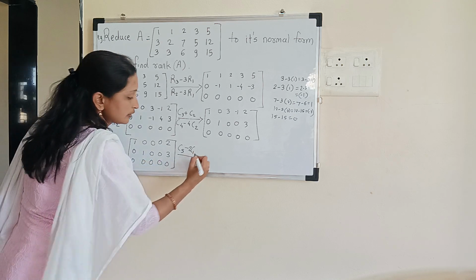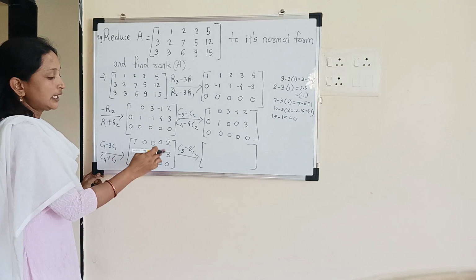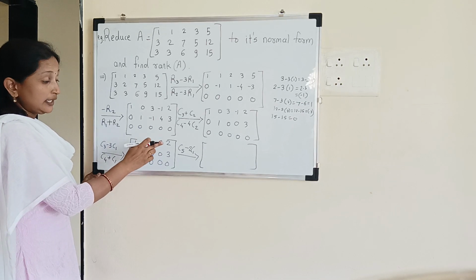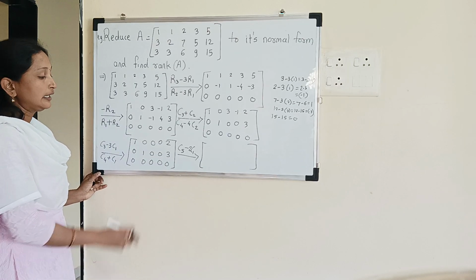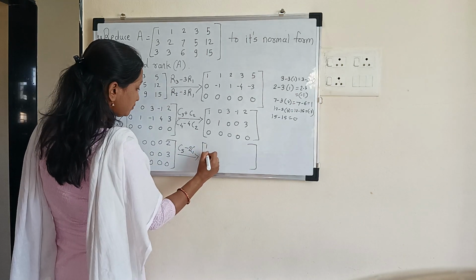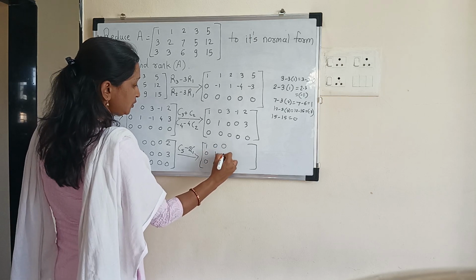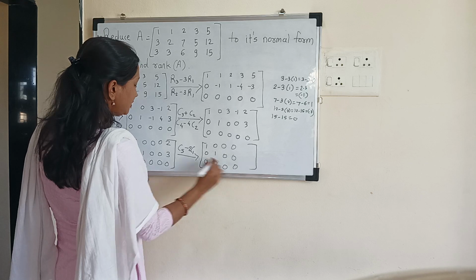So we have to use these two column operations separately, because you want two entries of the same column to become 0, but we cannot do that at a time. So C5 minus 2 C1 will give you 1 0 0, 0 1 0, 0 0 0, 0 0 0.